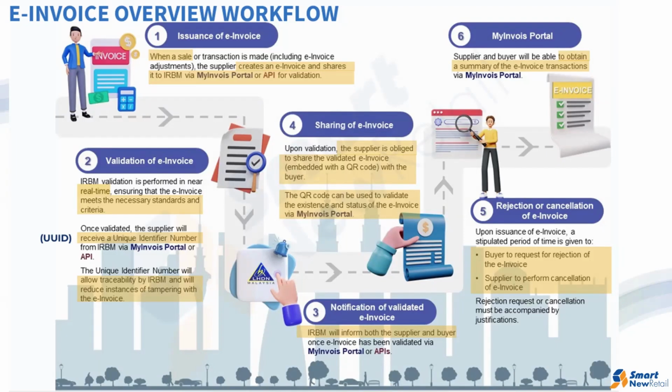Once everything is done, we will share out the e-invoice. If we have a rejection or cancellation, then we will need to check what the issue is. Once everything is done, your supplier and buyer can check from their MyInvoice portal. They will have a summary of the transaction in the MyInvoice portal.